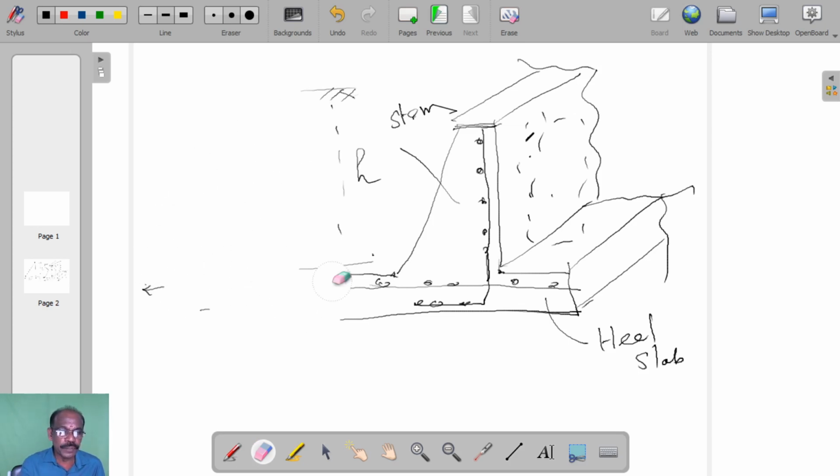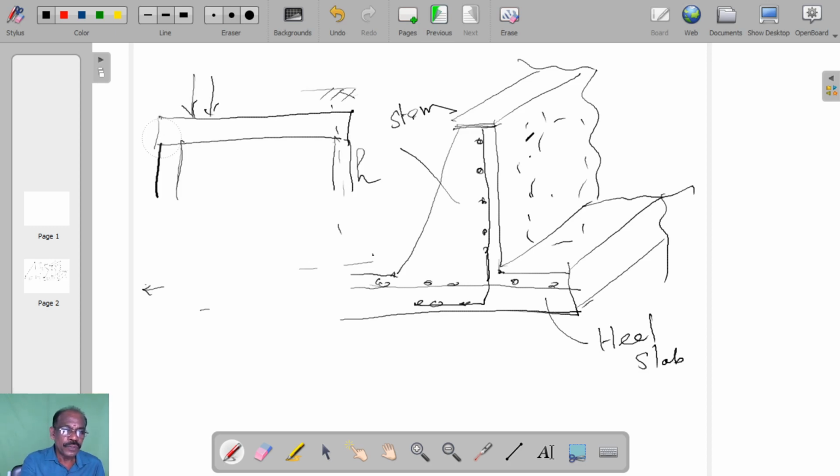You already know this: if it is a simply supported beam, here one support is there, and here the other support. Now this is the beam, and suppose some superimposed loads are acting, the bending moment diagram will be like this.